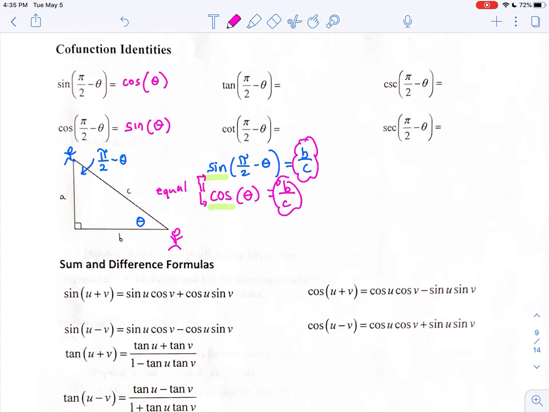We can go through and observe similar relationships in tangent and cotangent, as well as cosecant and secant. So these all are what we call cofunctions of each other.